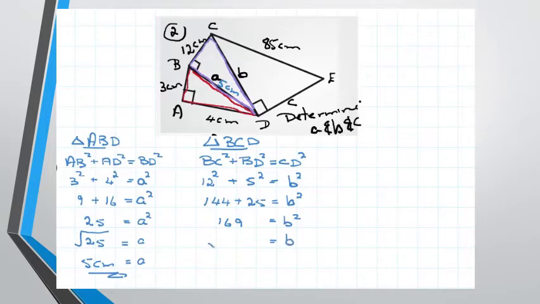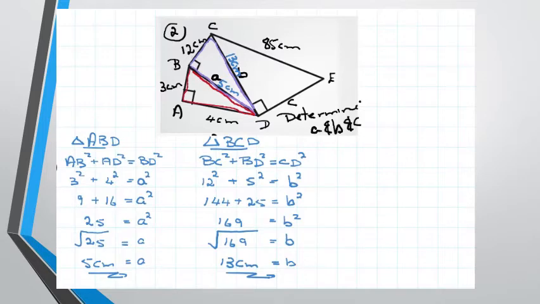I am going to square root whatever I have on the left hand side, 169. Square root 169 going to leave me with a value then, namely 13 centimeters. What do I do? I take my answer and I substitute it immediately into my sketch. 13 centimeter for that side there.